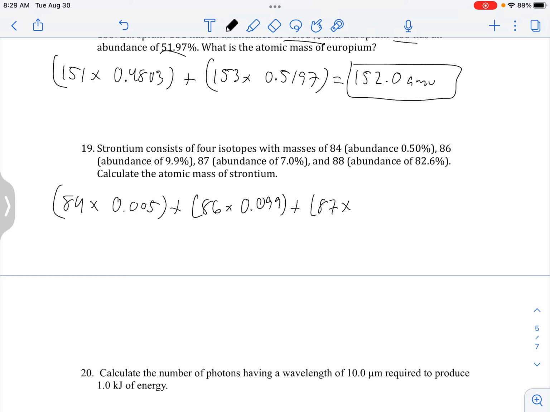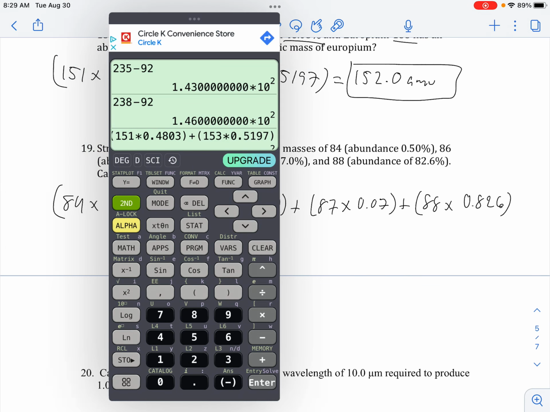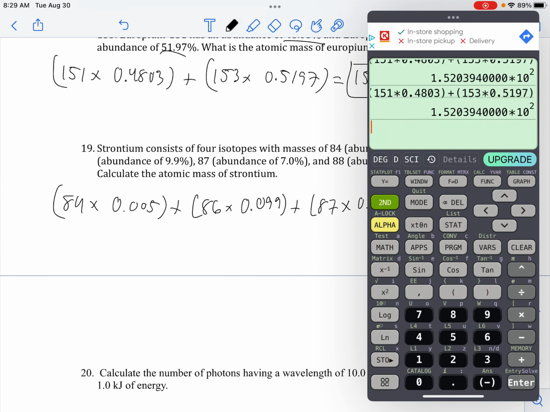We got 87 times 0.07%, and then 88 times 0.826. Okay, so we're going to do that. This is strontium.